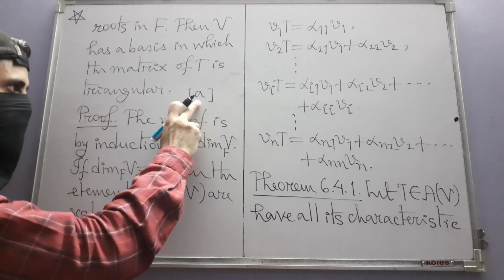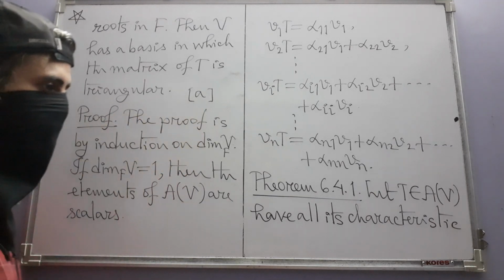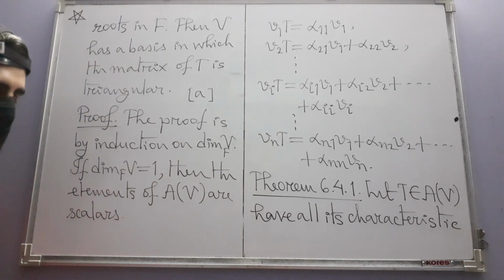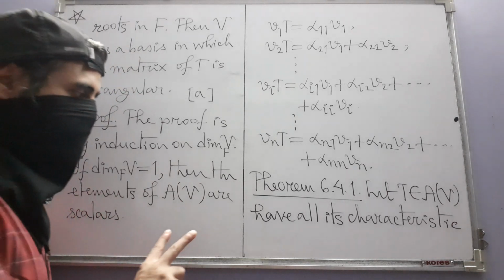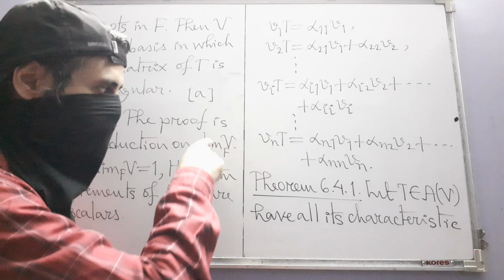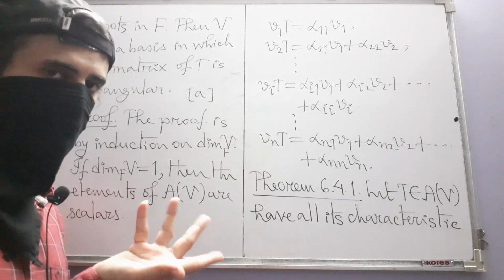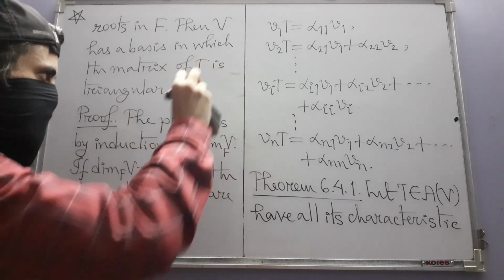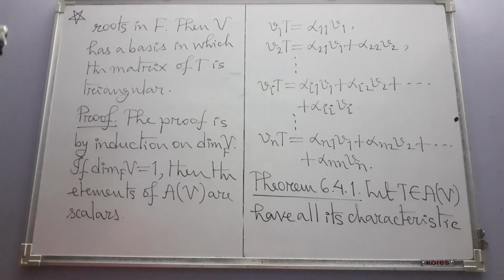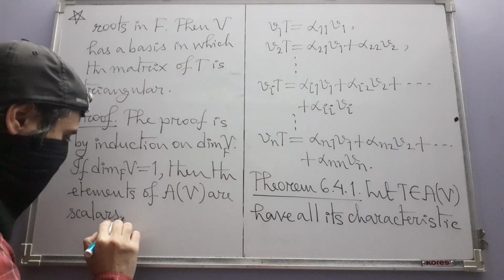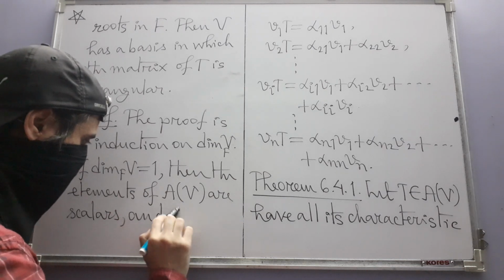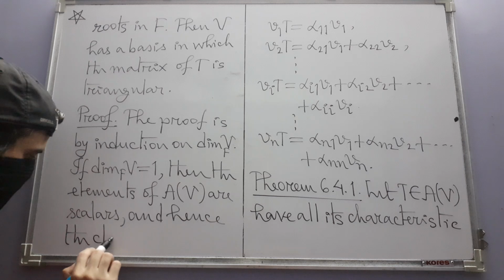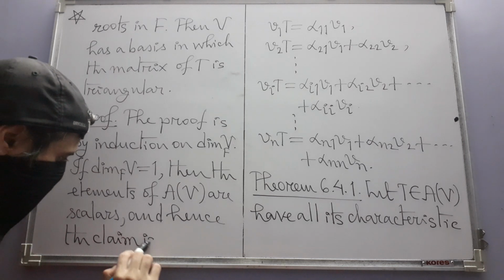And also at the same time, the condition that all the entries below the main diagonal are 0 is also true. In fact, these two conditions are simultaneously true in diagonal matrices, and this is a diagonal matrix, and that is why it is triangular. So in this case, there is in fact nothing to do, and hence the claim is true.